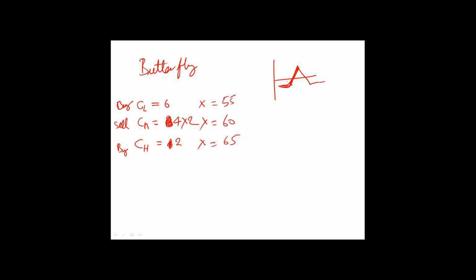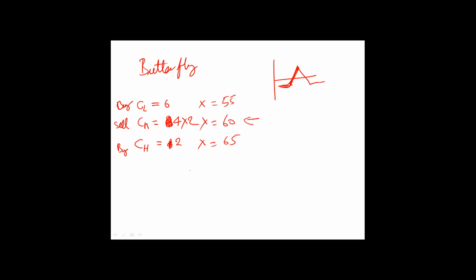The maximum profit is at the strike price if the market closes at the strike price of the middle call, the call you sold in the middle. At this position you will have the maximum profit, and above and below you will have losses that would be limited.